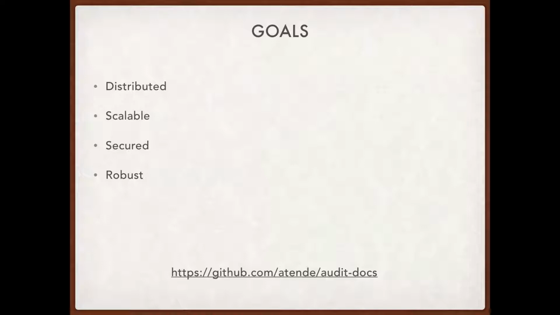It needs to be secured, and by secured, all the parts of the system need to have a minimum of security on them. And it tries to be robust, in the sense that it needs to be adapted to different use cases.